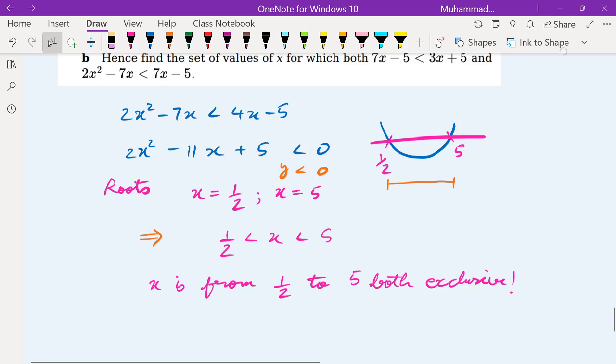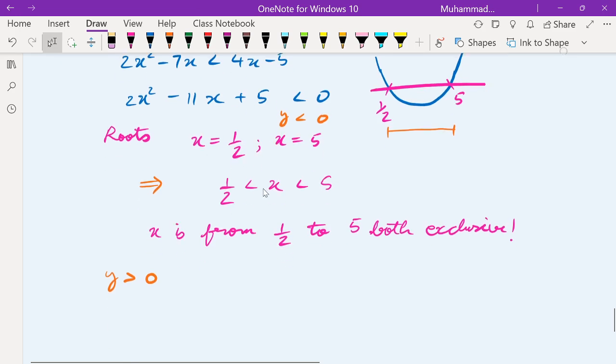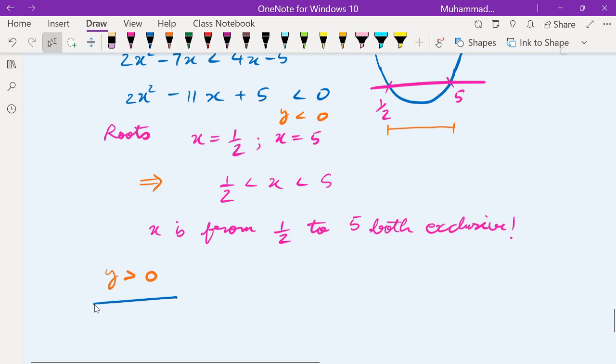And if we had y more than 0, y positive, in this case it would have been the tails, these two, where y is positive. So the solution for it, I'm just writing the solution in case.